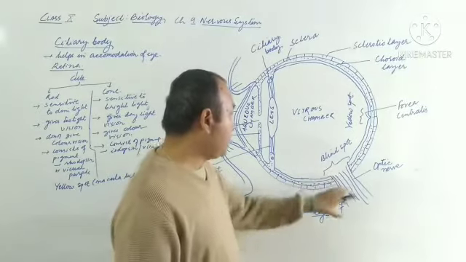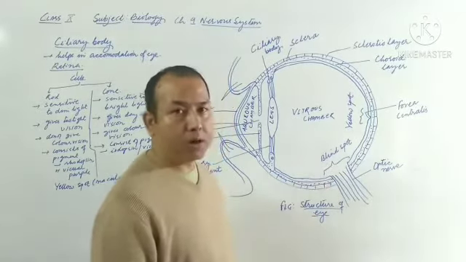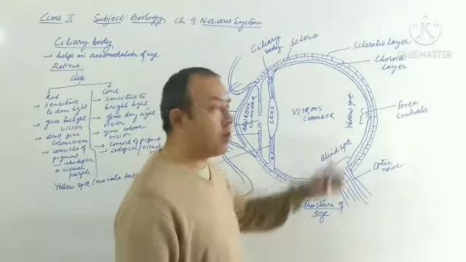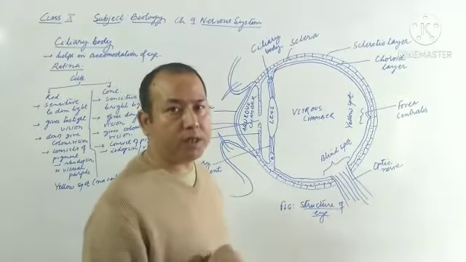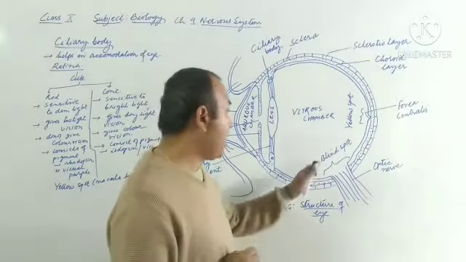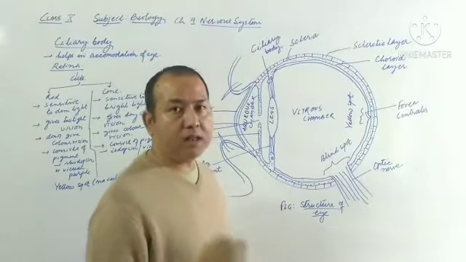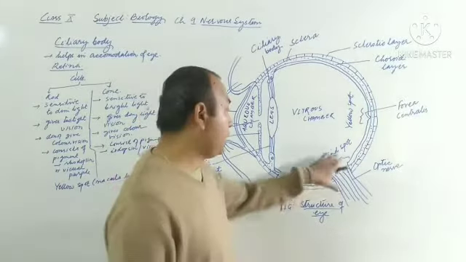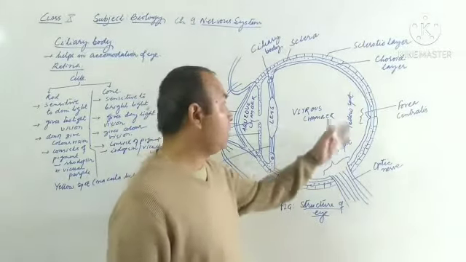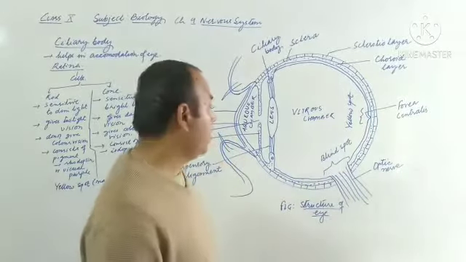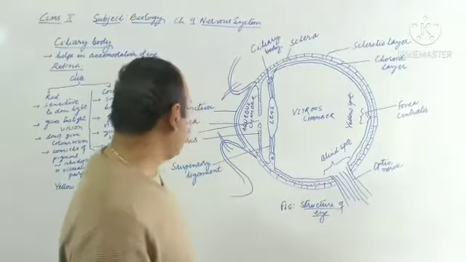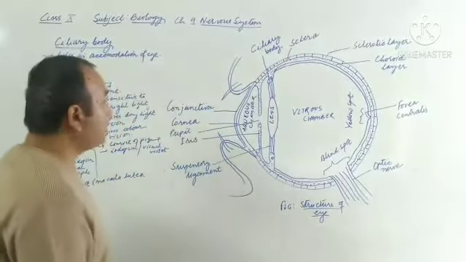This region is called the blind spot, and the yellow spot is also called the region of best vision. The blind spot is also called the region of no vision, so here no images are formed. In the yellow spot, images are formed. So this is about the yellow spot and blind spot.